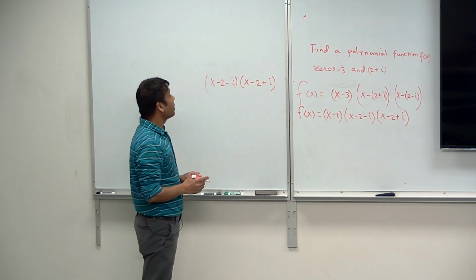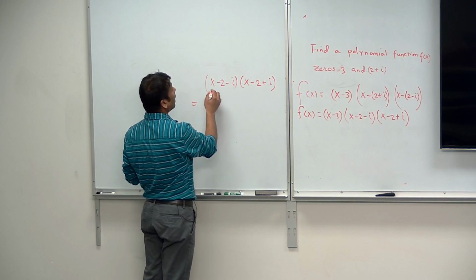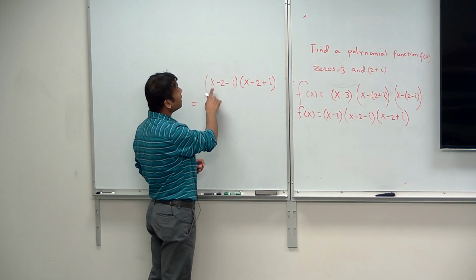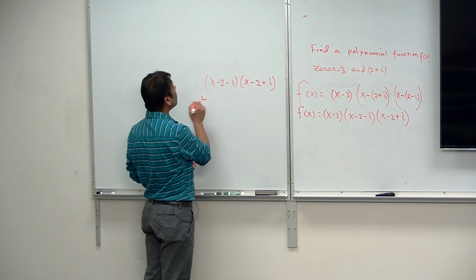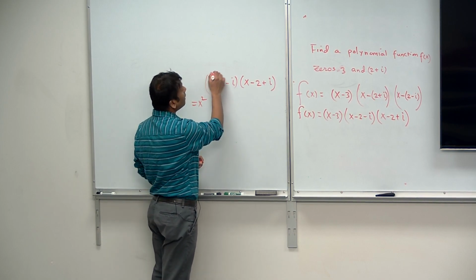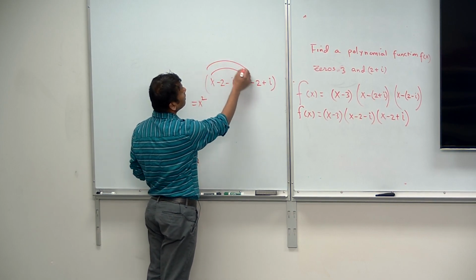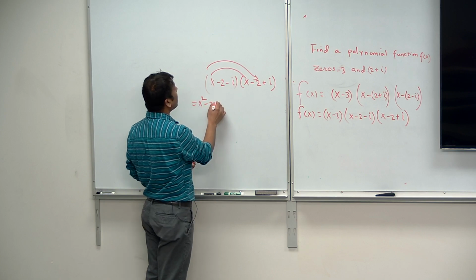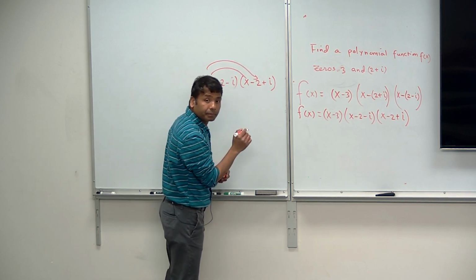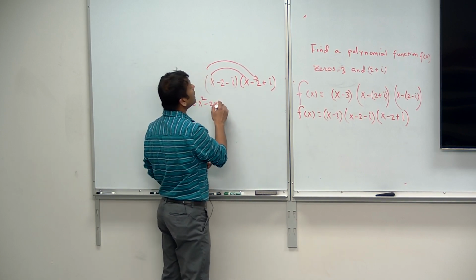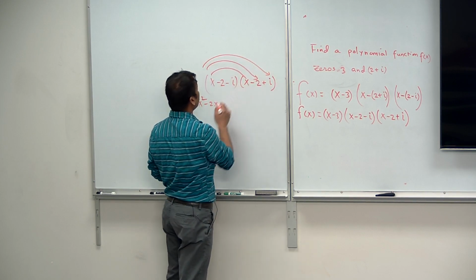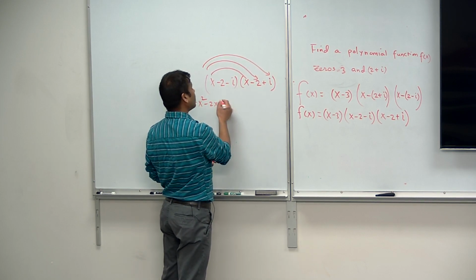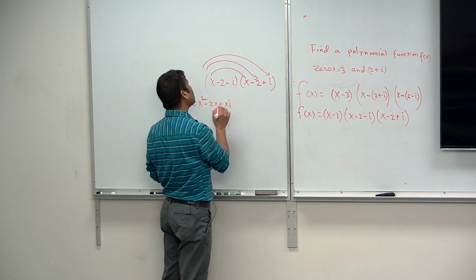Right? So now, hey, use FOIL. What is x times x? x squared. Are you guys with me? x times x is x squared. What is x times negative 2? Negative 2x. What is x times positive i? xi or ix, whatever. That makes sense?